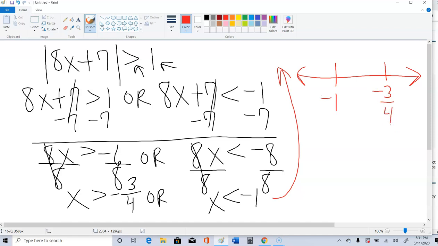Because we have just strictly greater than or less than, we'll need parentheses for each number. Now for -1, because the arrow is pointing to the left, our shading is going to the left as well. For -3/4, because the arrow is pointing to the right, the shading goes to the right as well.